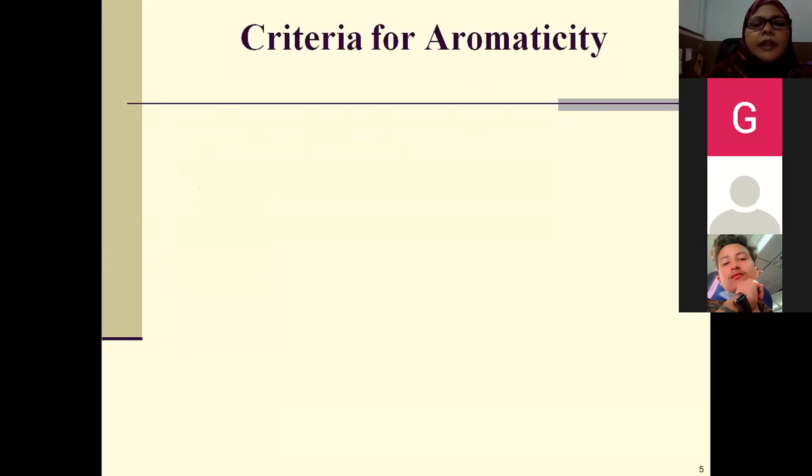Now we are going to see the criteria for aromaticity. What are the criteria which define a compound as aromatic? You have to remember these criteria. The first criterion is that the molecule must be cyclic. Cyclic means a closed ring, so you must have a ring of atoms.